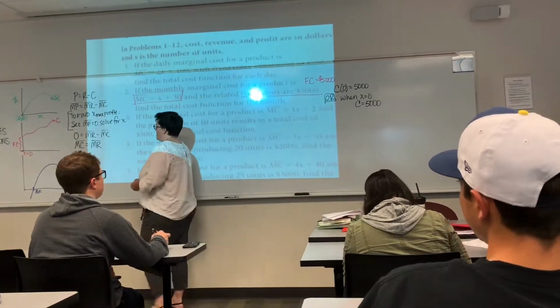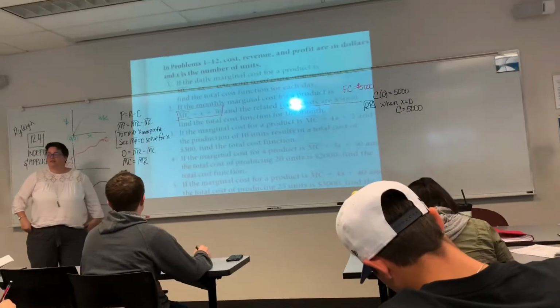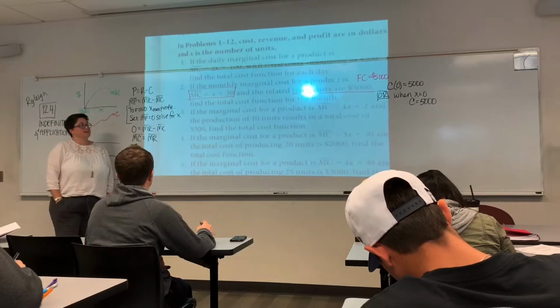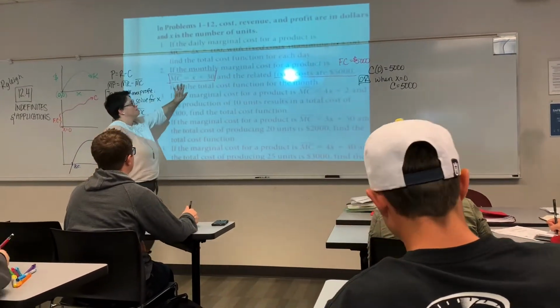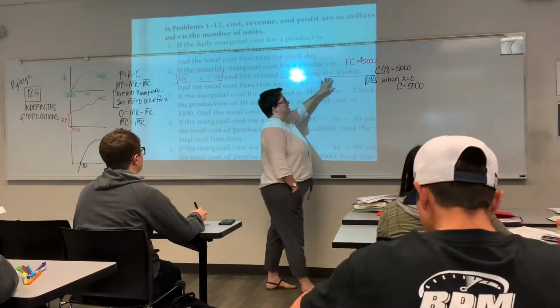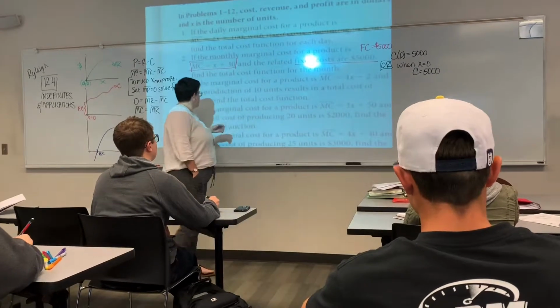Well, that's not bad. How many of you struggle with decoding what it's asking you to do? I'm going to be parsing these as I go. So I first circle what I know. I know marginal cost is X plus 30, and I know my nugget, my fixed costs. So now I'm going to solve this.